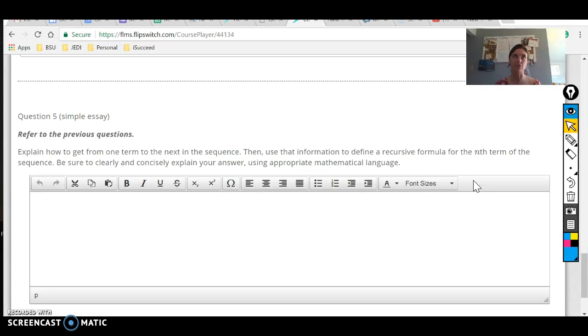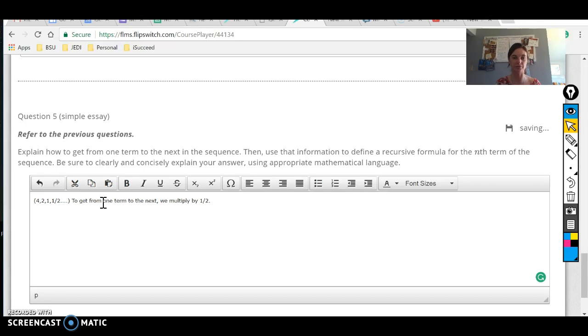But if I don't have that explicit formula, I can look back and I can see that I was going 4, 2, 1, 1/2, etc. Okay? So to get from one term to the next, we multiply by 1/2.